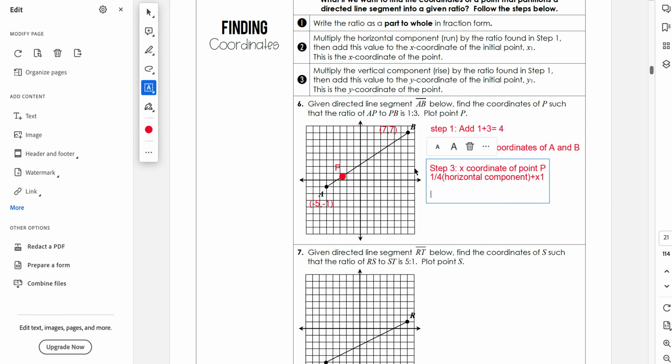So we know the horizontal component. If we just use it on the graph here, the horizontal component is 1, 2, 3, 4, 5, 6, 7, 8, 9, 10, 11, 12. So then we can go 1/4 of 12, and then plus x sub 1. And so x sub 1 is -5.